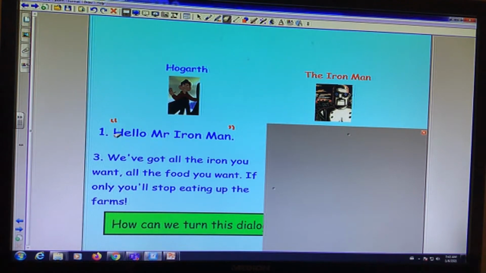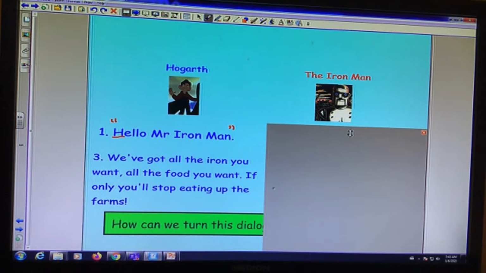So the 66 comes before the first word being spoken. Have you noticed? Got a capital letter. Hello, Mr. Iron Man. There's a full stop there. And then it ends the speech with the closing speech marks, the 99. Now, this particular bit of punctuation, this might not be a full stop, but don't worry about that just for the time being.